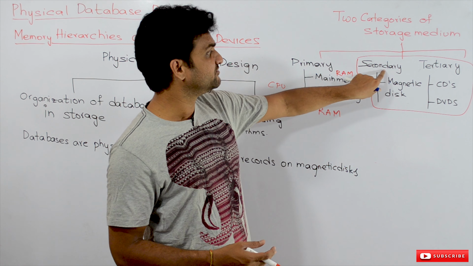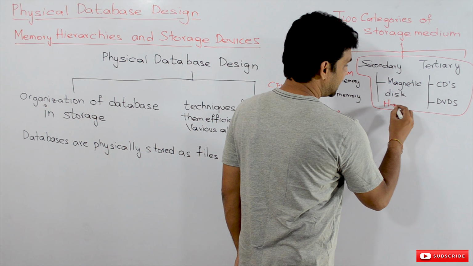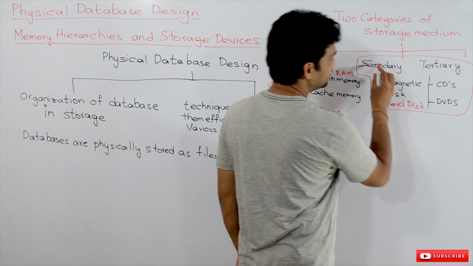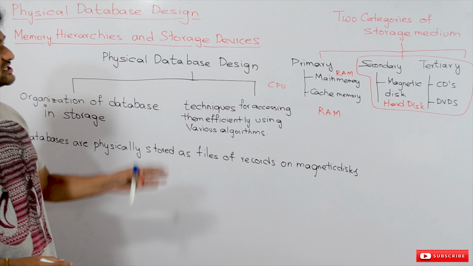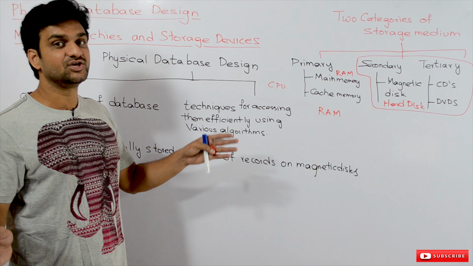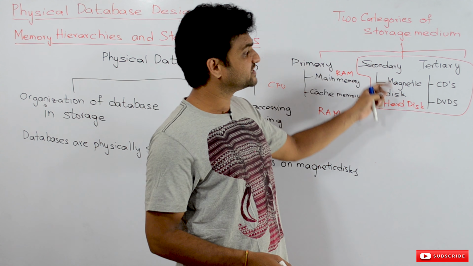We frequently used the words magnetic disk or hard disk. It is also called a hard disk, and this is what we call secondary memory. So the different types of memory on a computer are categorized into two: primary memory and secondary memory.